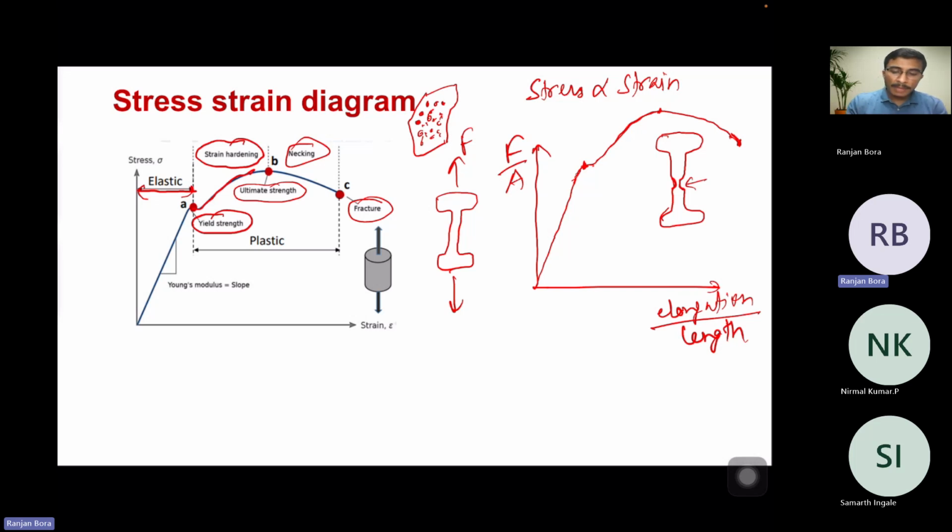That's why we need to apply more load to overcome this force for elongating the specimen. Okay, sir. So it's because of the material property. Yeah, this part is coming from material science.